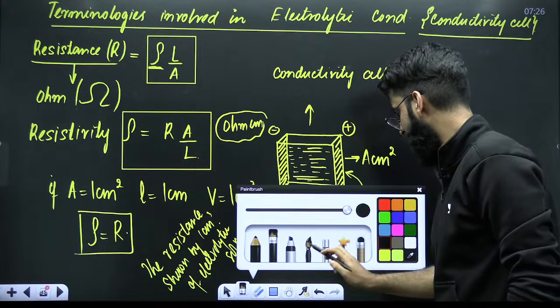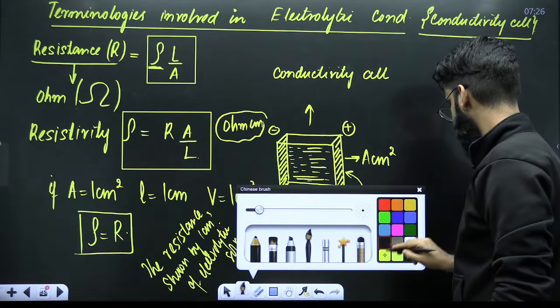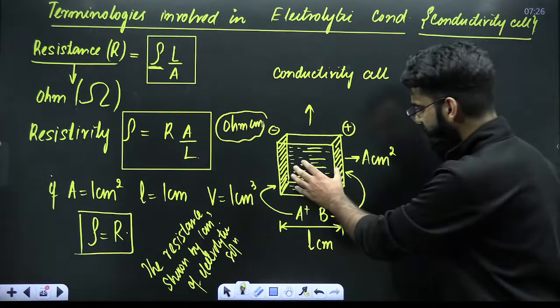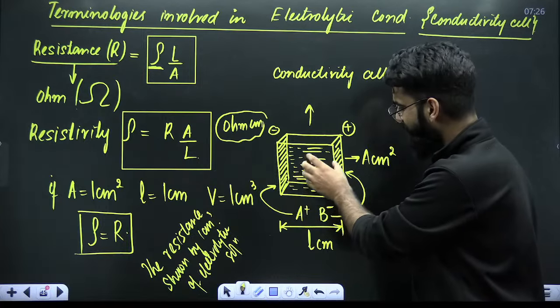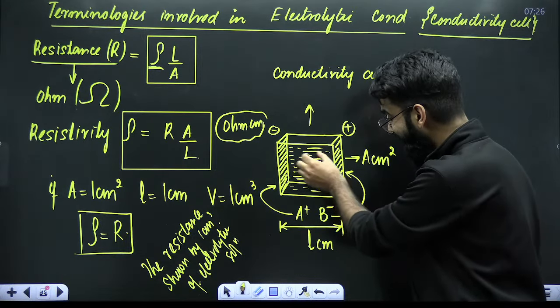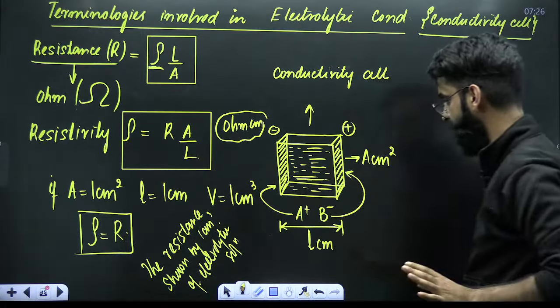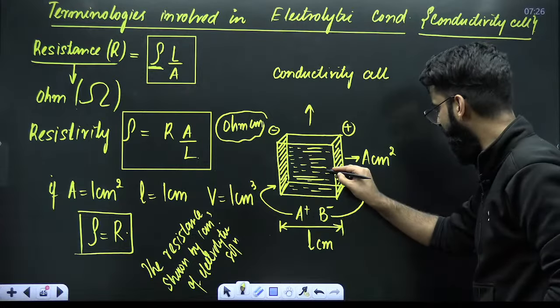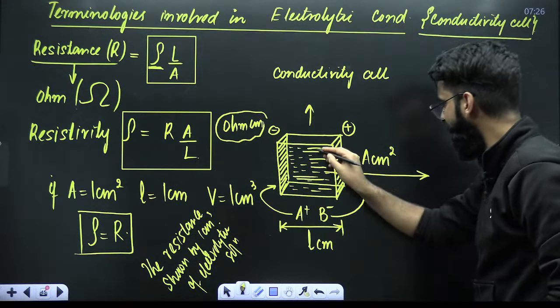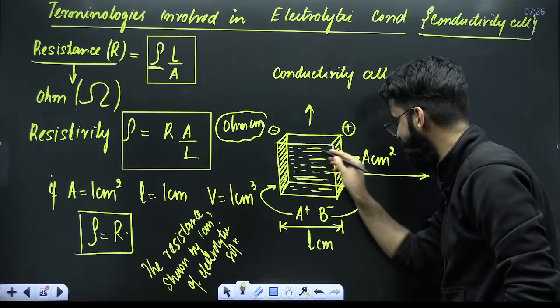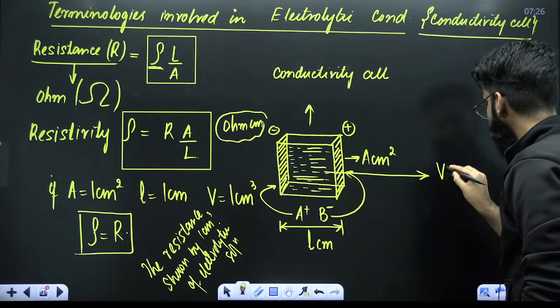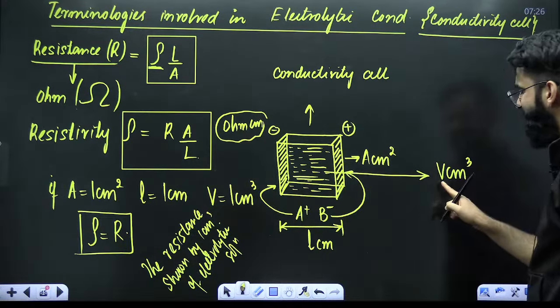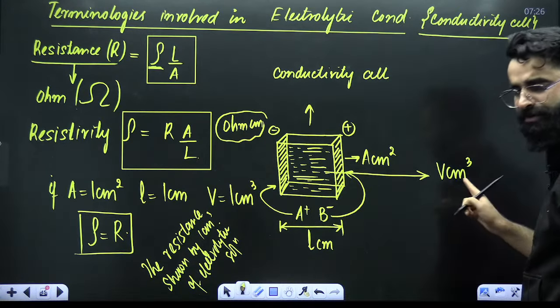All right. See guys, there is something important which I'm going to discuss with you now. This is your conductivity cell, and what is there in it? Electrolytic solution, correct? Imagine the volume of the solution here in the container is V centimeter cube. It can be anything: 10, 1000, 50 centimeter cube, whatever.